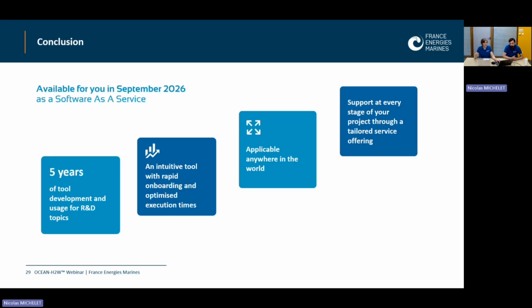We hope that it's an intuitive tool with rapid onboarding and optimized execution times, and we think it's a strong point. It's applicable anywhere in the world as long as you have a time series for the wind. And the support is available at every stage of your project if it's needed.